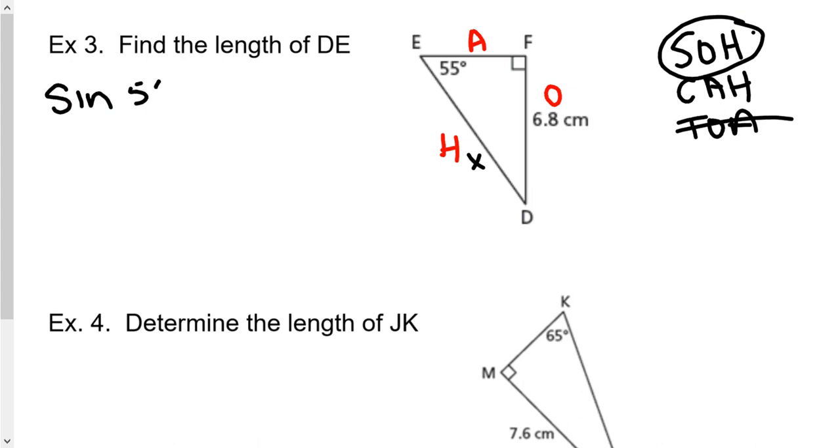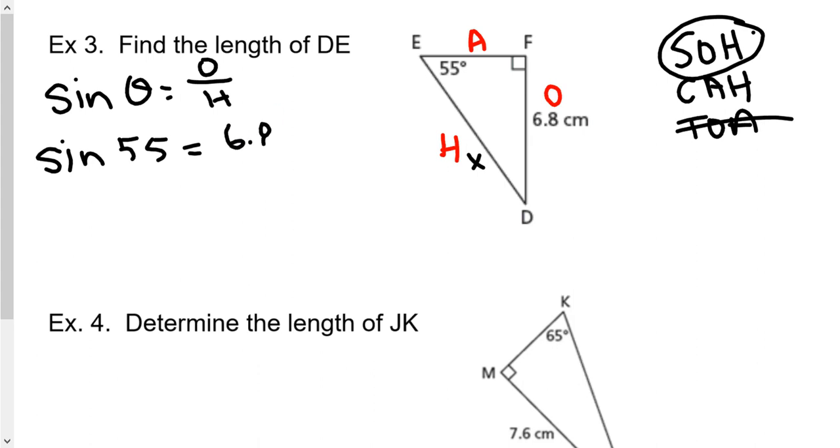Sine of 55 degrees. Now let's start with a blank copy of sine theta, just so we're super sure we have the right ratio and we've set up the formula right. Showing all of our steps. Input that 55-degree reference angle we're using. And that 55 degrees is opposite the 6.8 with x as our hypotenuse.